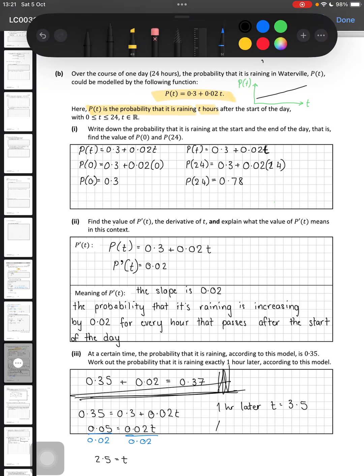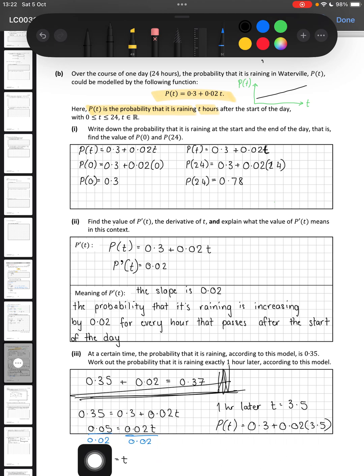So we could sub that back in. What is P of t when I'm at 0.3 plus 0.02 times 3.5? You can see I've literally just increased the number that's multiplying 0.02 by 1.